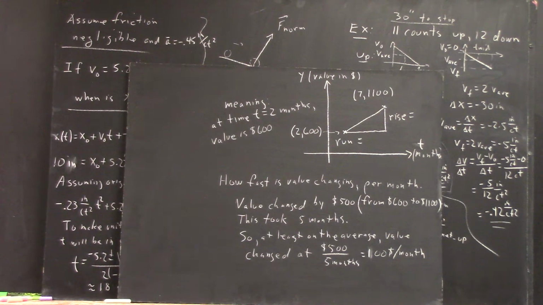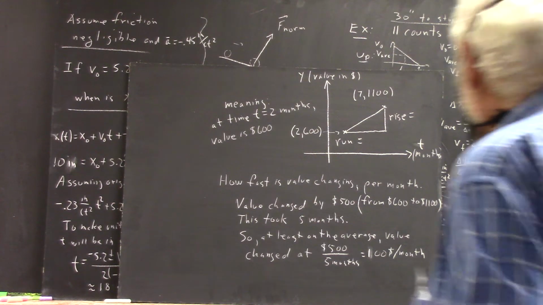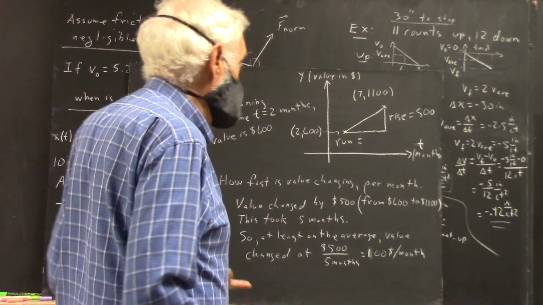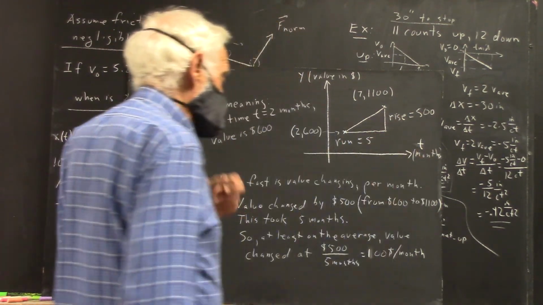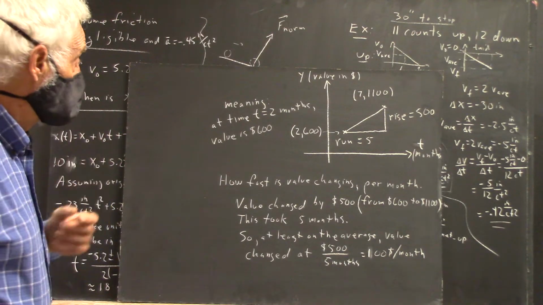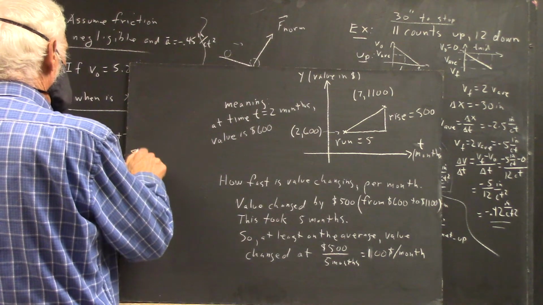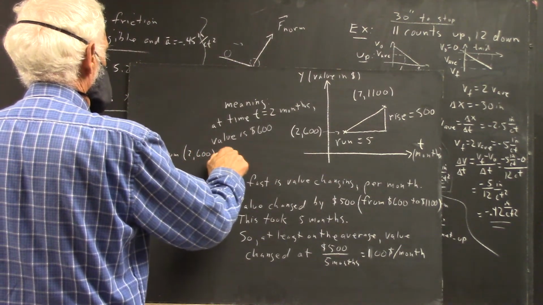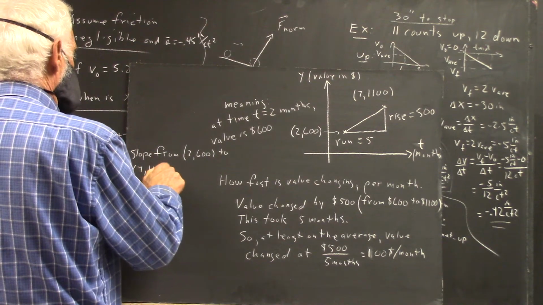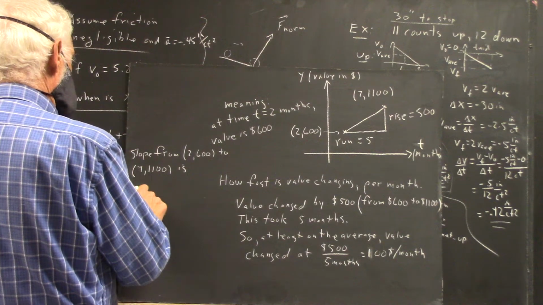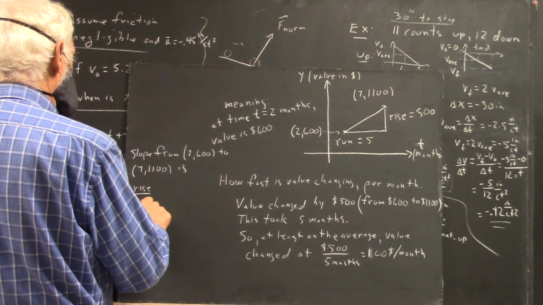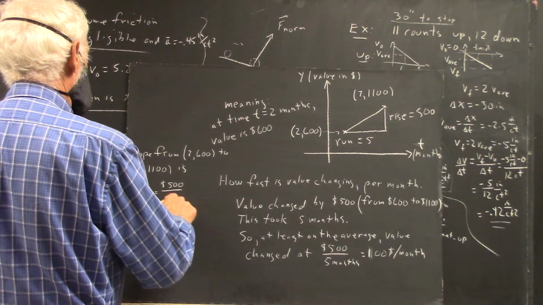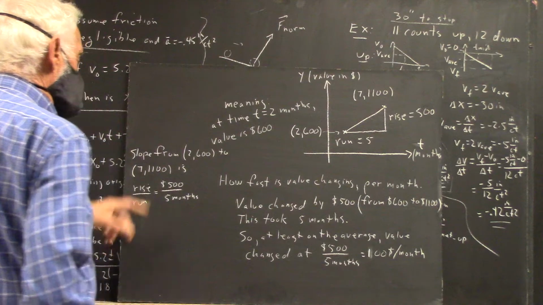Okay, so I think everybody sees that the rise is 500, meaning $500, and the run is 5, meaning 5 months. So the slope is $500 over 5 months.